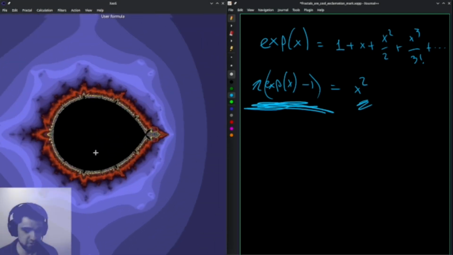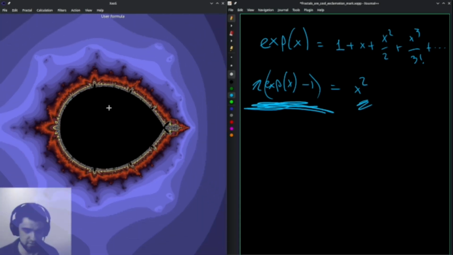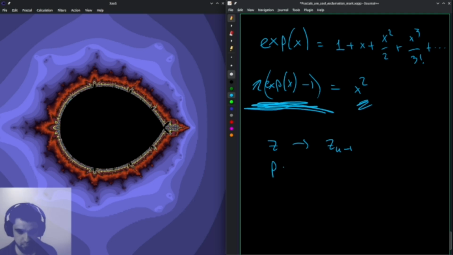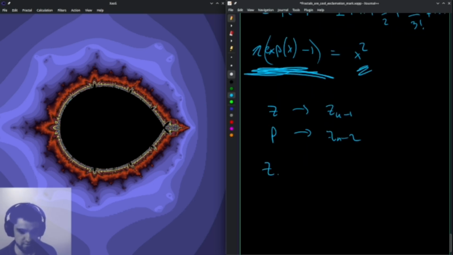And the question is, what is p? The answer is that z refers to z_{n-1}, and p refers to z_{n-2}. So this is the formula: z_n is equal to z_{n-1} squared minus z_{n-2} squared plus c.